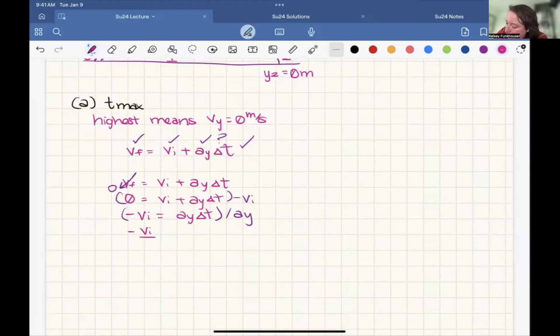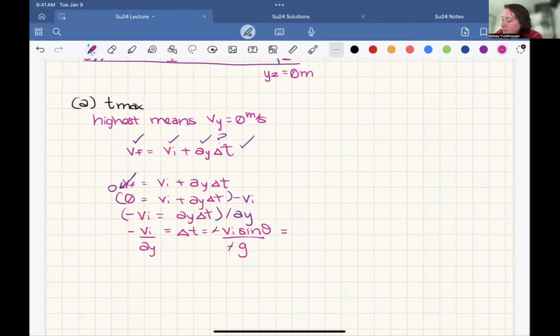Negative V initial over acceleration in y is delta T, and so this is V initial in y also, so that is negative v initial sine theta, and then acceleration is negative g. So those negative signs are going to cancel, and we can plug in our numbers.